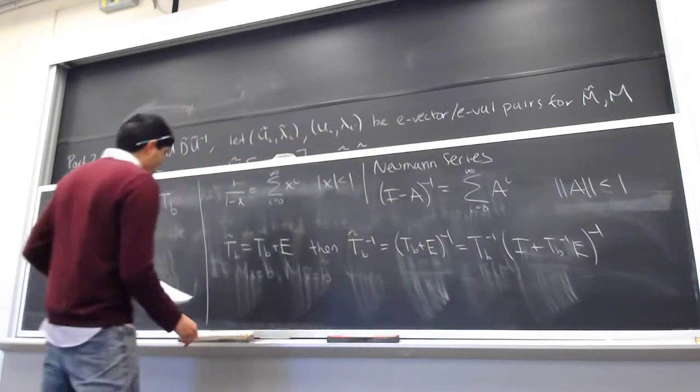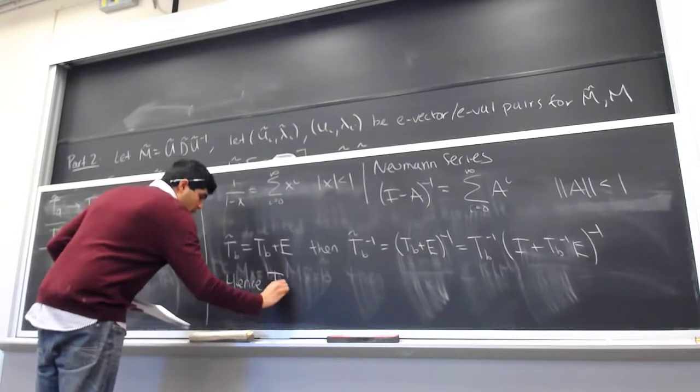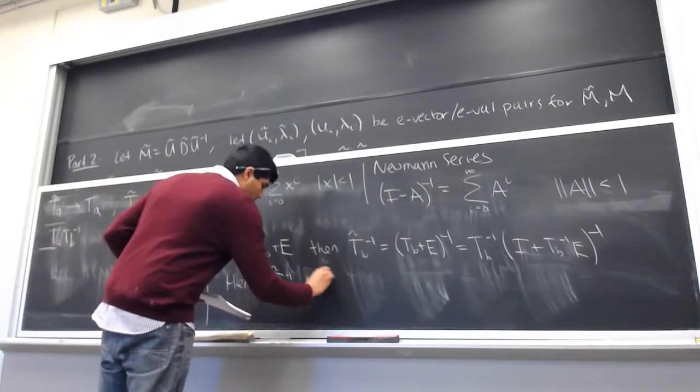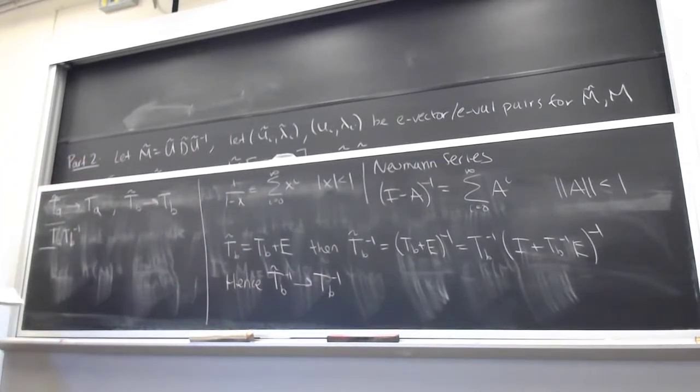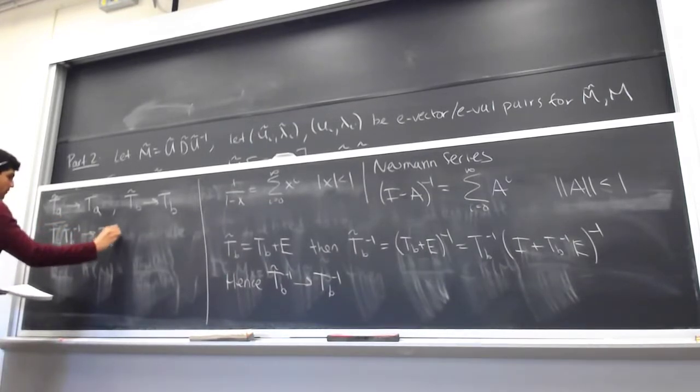That's the remaining step here. Of course, this convergence depends on what the minimum singular value is for TB inverse, but this tells us exactly what we wanted, that we actually have this type of convergence.